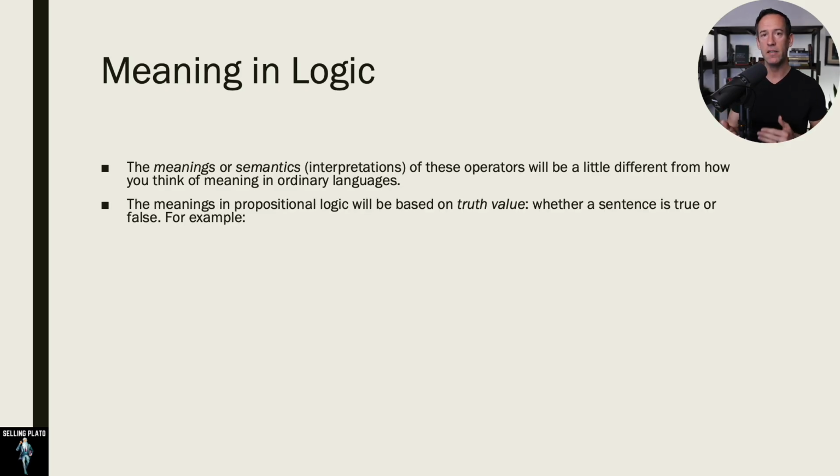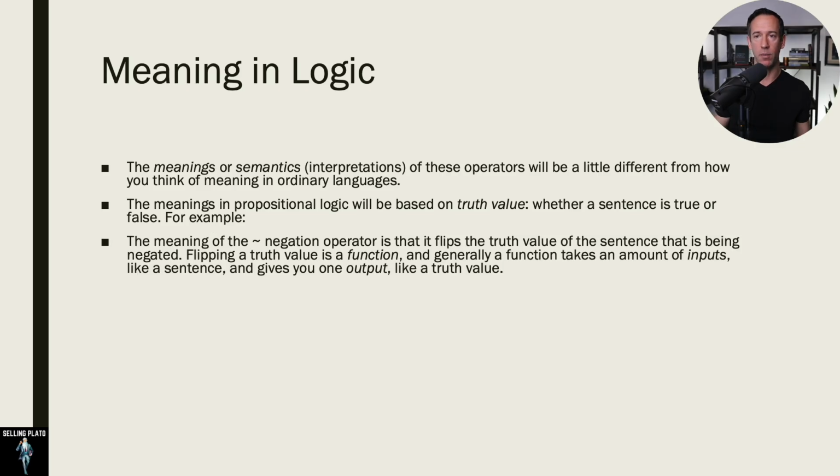So the meanings in propositional logic, the kind that we're going to be taking a look at, those are going to be based on what we call truth value, whether a sentence is true or false. So the meanings in our propositional logic language are going to be tied to truth values. All right, and that's going to be different. So here's an example.